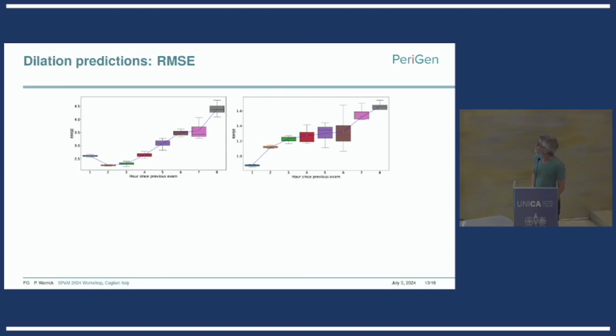This series of plots is comparing the two models, one based on time alone on the left, and one based on the full set of predictors. And this is the error in prediction over time, or since the last exam.